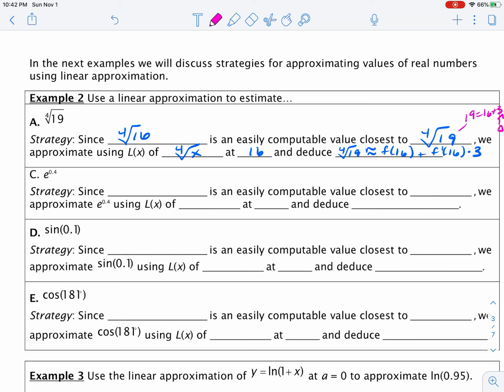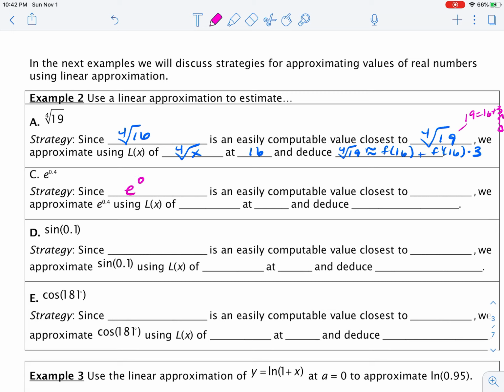All right, so again, e to the 0.4. I'm sitting there going, okay, I can evaluate e to the first power very easily, and I can evaluate e to the 0 very easily. Which one is closer to e to the 0.4? I think 0.4 is closer to 0 than 1.